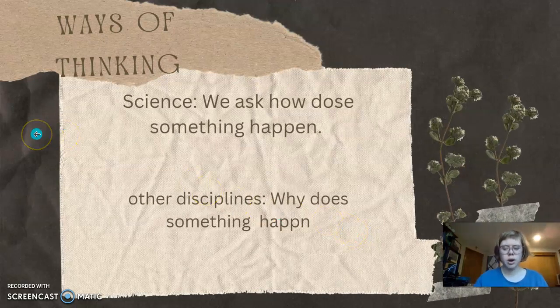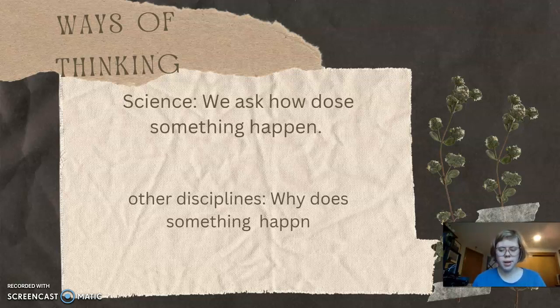But before we get started with that, I am going to have you start thinking about ways of thinking. And I know that may sound funny, but we need to put on our science hats, because in science, we ask how does something happen and what is happening. But in other disciplines, like philosophy, you may ask why something happens.